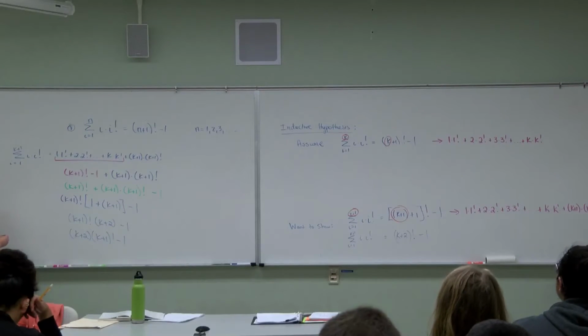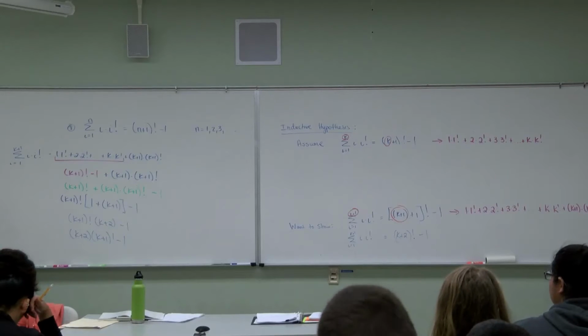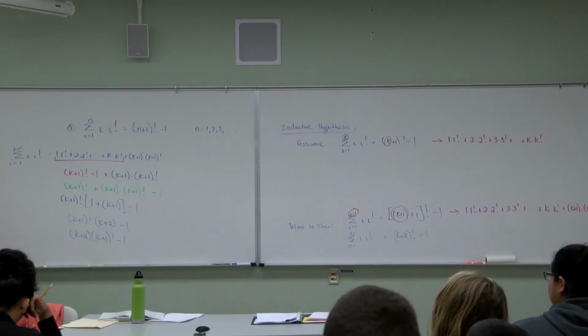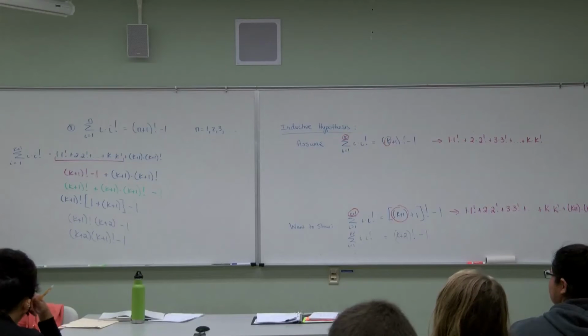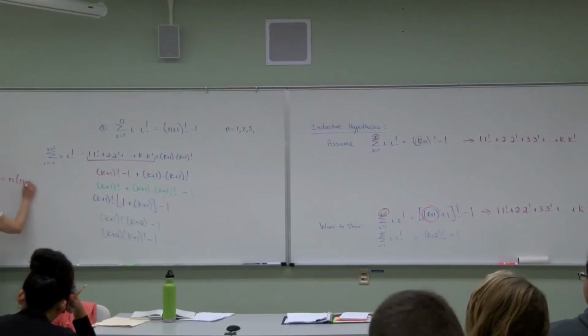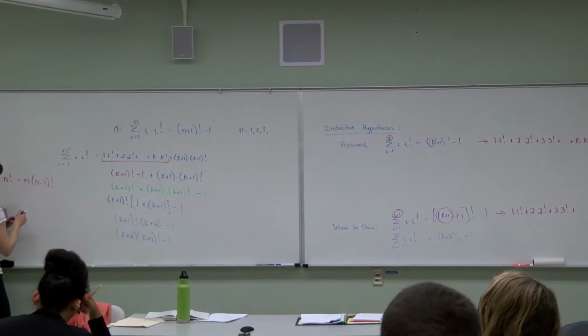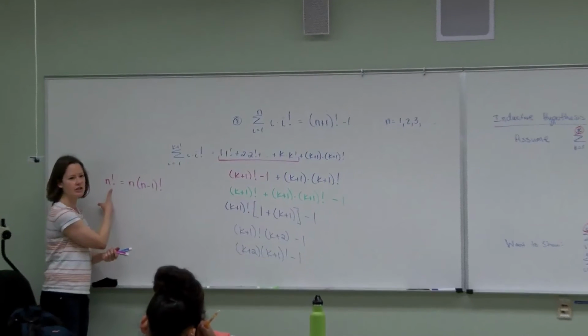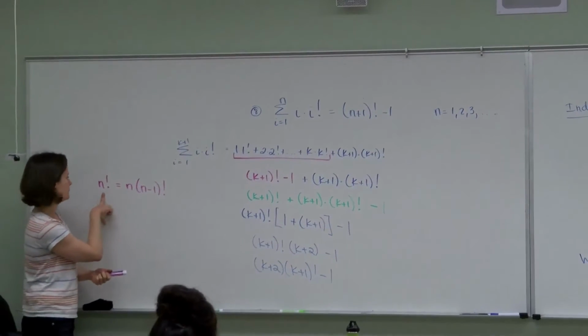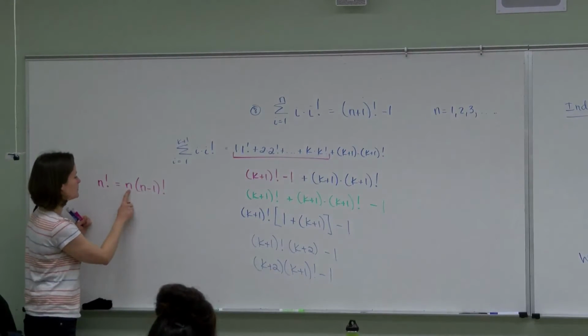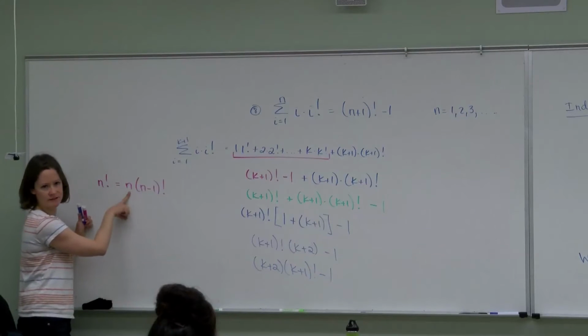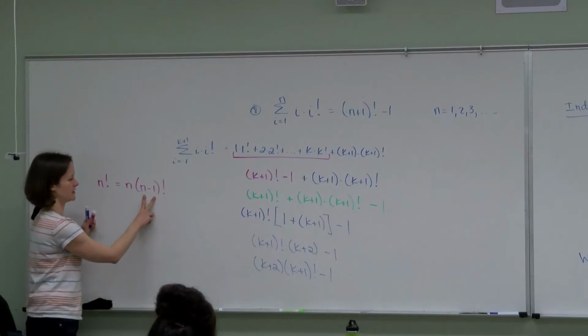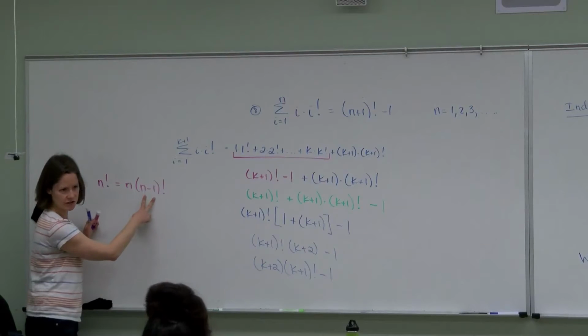So yeah, it's just a general fact about factorials that n factorial is equal to n times n minus 1 factorial. And so the way to think about it is that this is the product of the first n integers, right? So if I pull out the nth one, I'm still left with the product of the first n minus 1 integers.